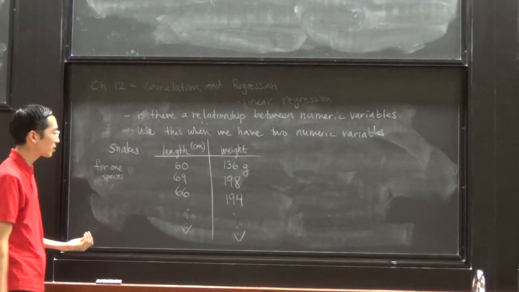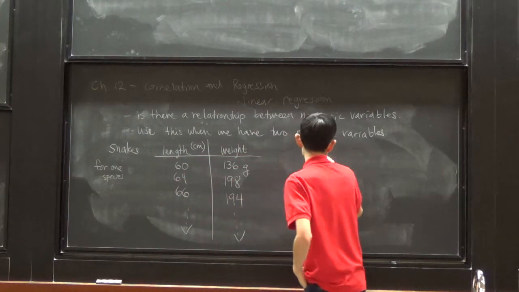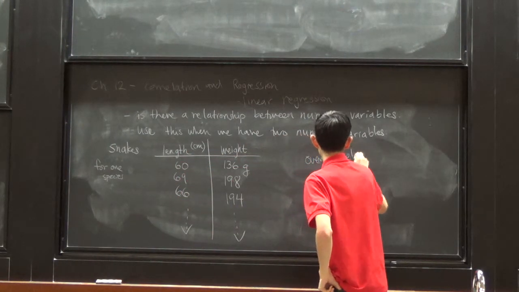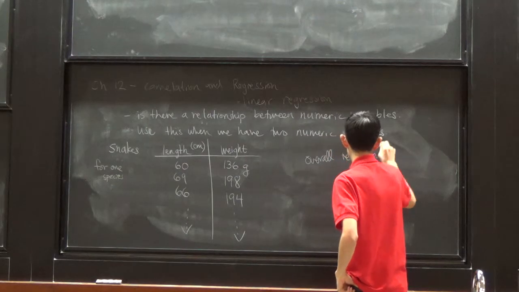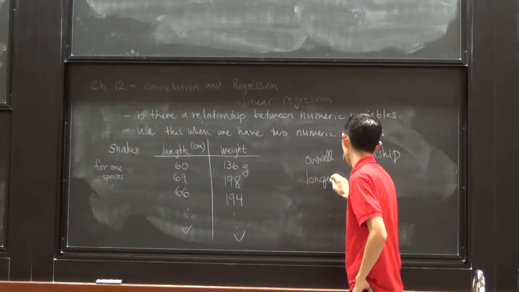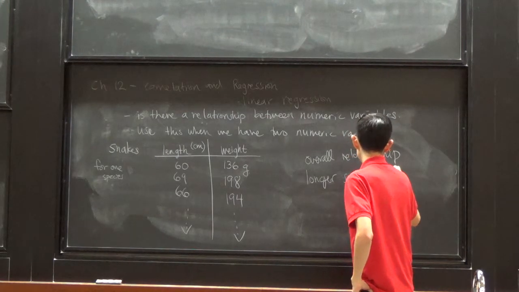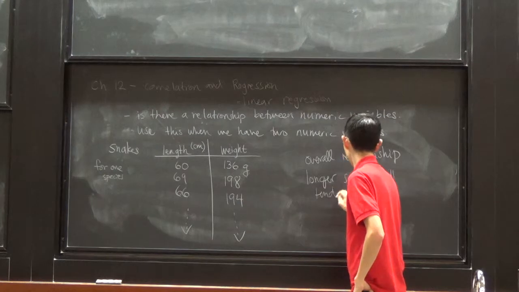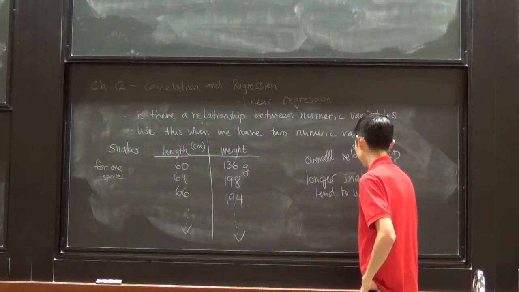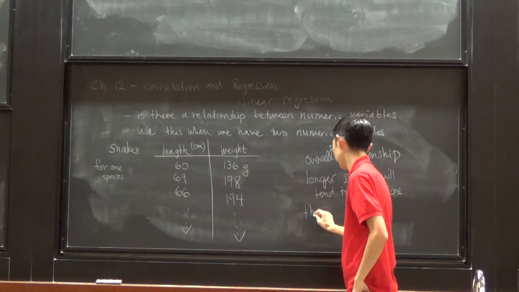But overall, we would probably see this overall relationship where we see longer snakes will tend to weigh more than shorter snakes.